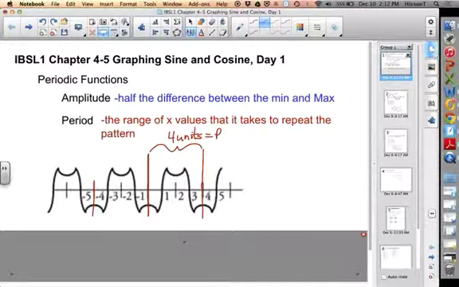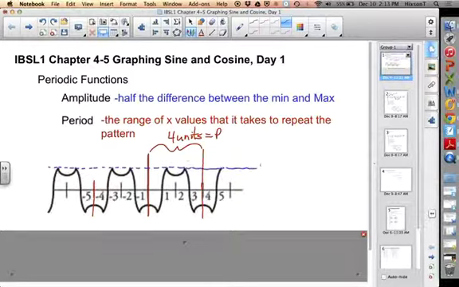Now the amplitude, on the other hand, is talking about how high and low our function goes, okay? You'll see here we have a formula. It's half the difference between the min and the max value. Okay? So here we have all of these that are the highest points that our graph goes.